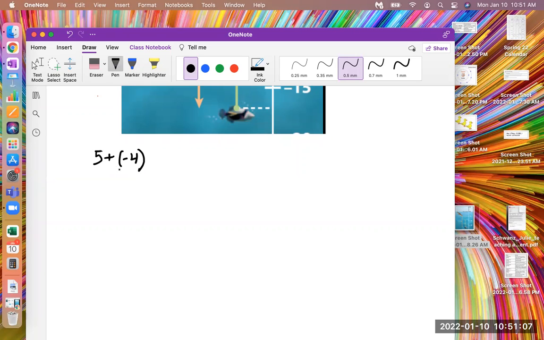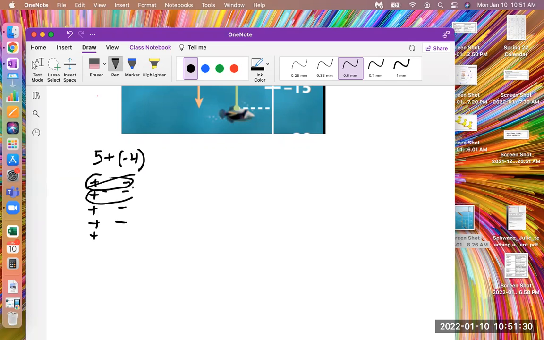So like 5 plus a -4. What you want to do is draw a little picture: 5 plus signs and 4 negative signs. You recognize that a negative and positive cancel each other out.